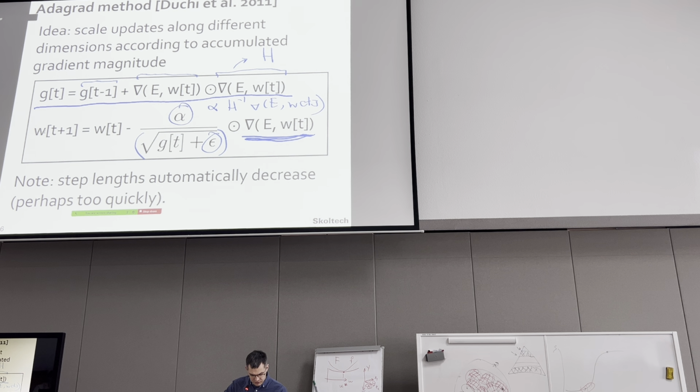Yes, this is a classical method where we have the inverse Hessian. Here we replace the inverse Hessian with the matrix of second derivatives and also use the diagonal approximation. So each J_t would be this square of the partial derivatives. Also we take the square root to normalize everything and add epsilon to make everything more stable.